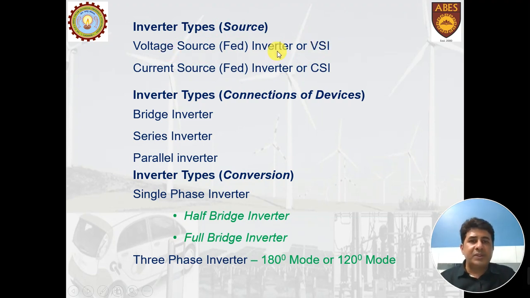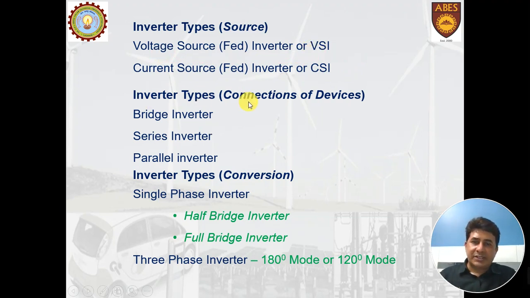If the inverter is fed by a stiff voltage source, it becomes a voltage source inverter. And if it is supplied by a stiff current source, then it makes a current source inverter. In general, most of the times the supply is through a voltage source. So this first type of inverter is the most common one.